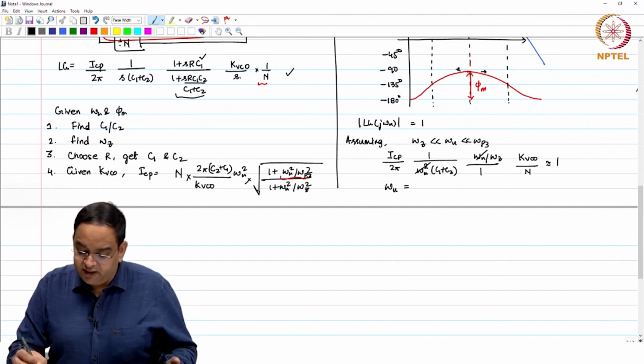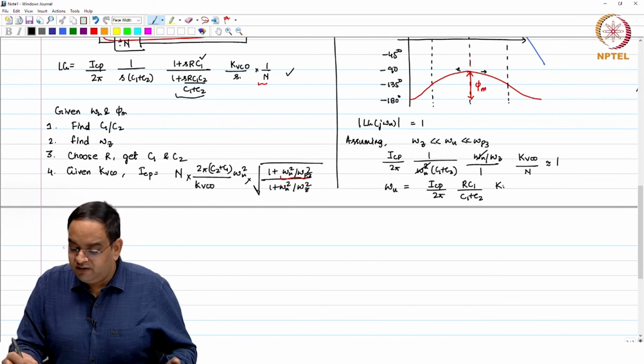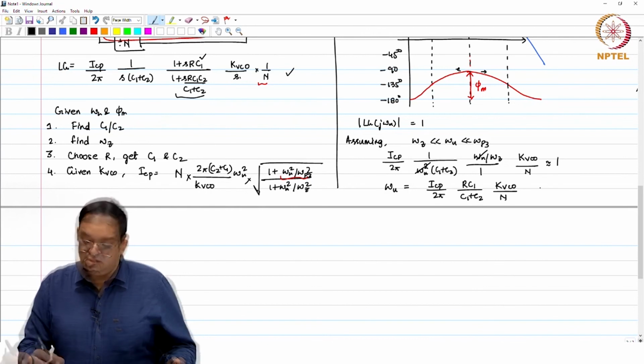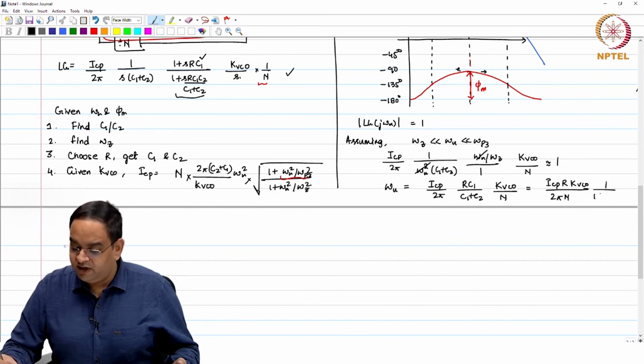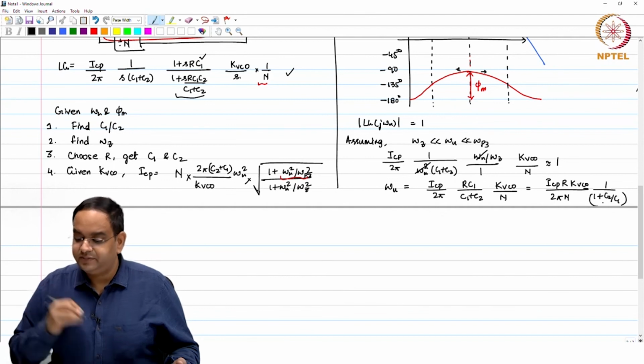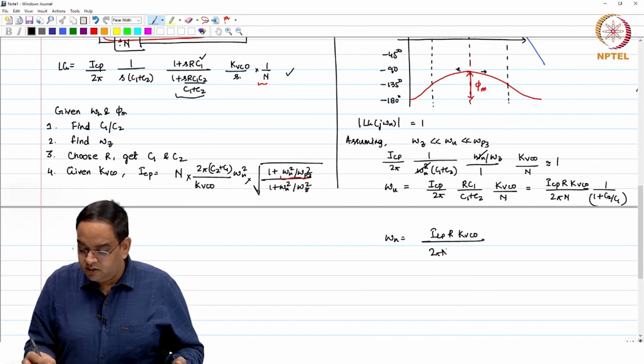What you get here is ICP by 2 pi times 1 by omega z, which is R C1 divided by C1 plus C2, times KVCO over N. This is equal to ICP R KVCO divided by 2 pi N into 1 divided by 1 plus C2 by C1. This is an approximation, by the way, for the unity gain frequency.